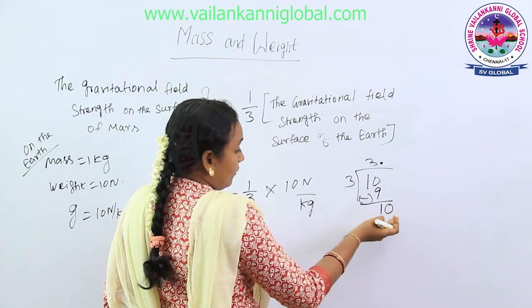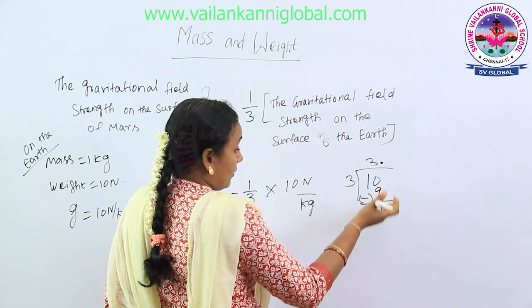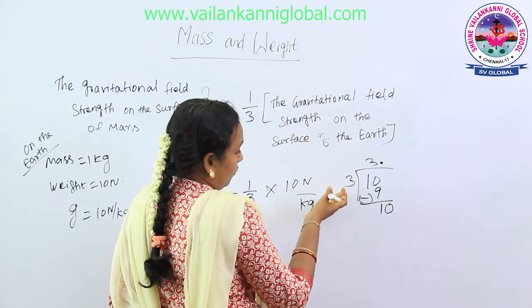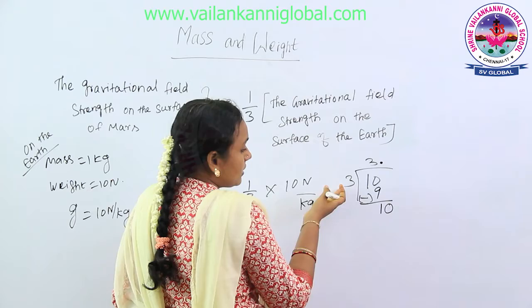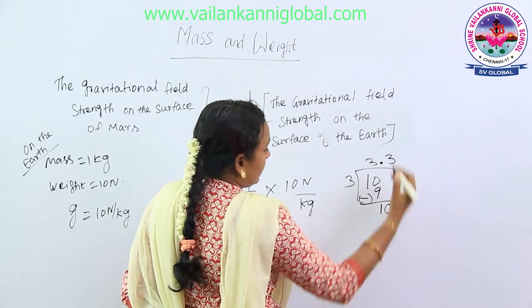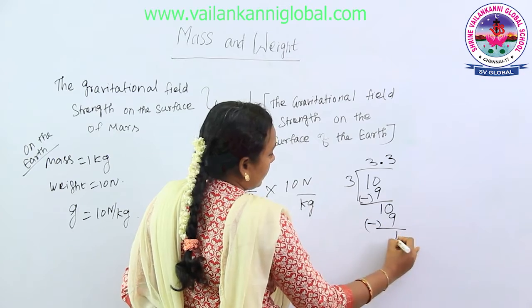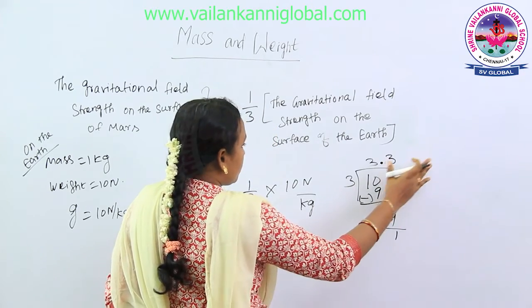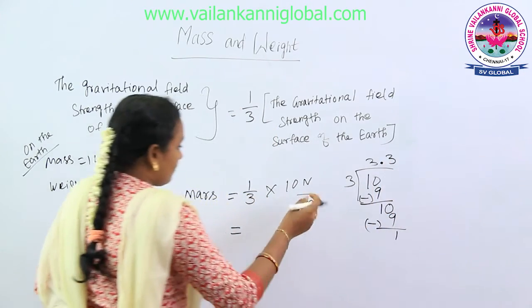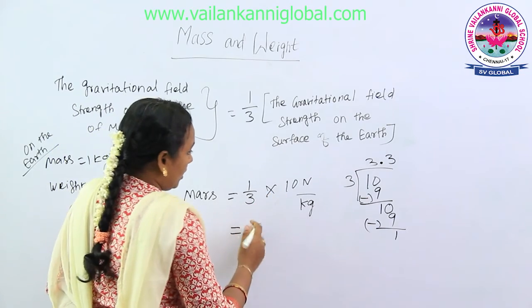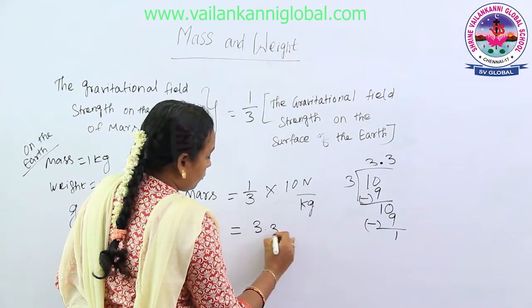So now we have 10. This 10 is greater than this value, right? In 10, how many times 3's are there? Again 3 times. So 3 times 3 is 9. When we subtract this, we get 1. So we can stop there. When we divide 10 by 3, we get 3.3.